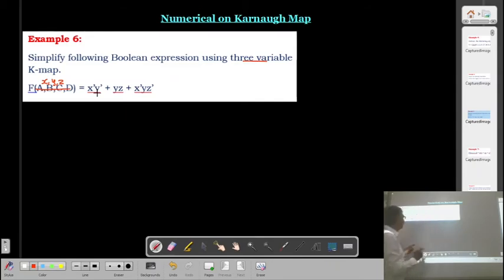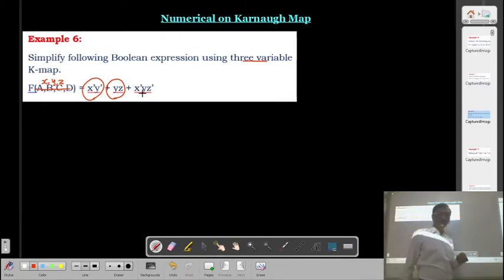In the first term, z is missing. In the second term, x is missing. But in the third term, all the variables are there. So whatever the missing variables are, we have to add using the Boolean law. Then you will get a canonical form of the Boolean expression.